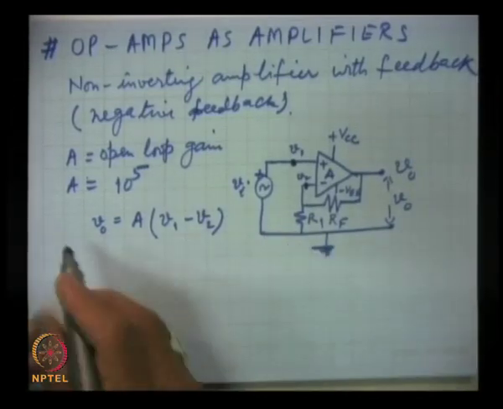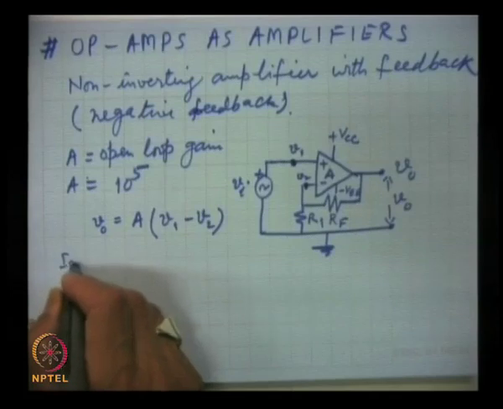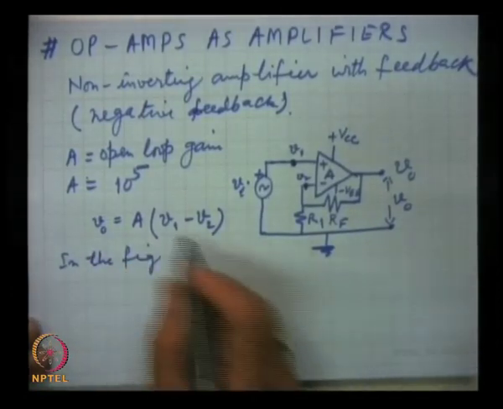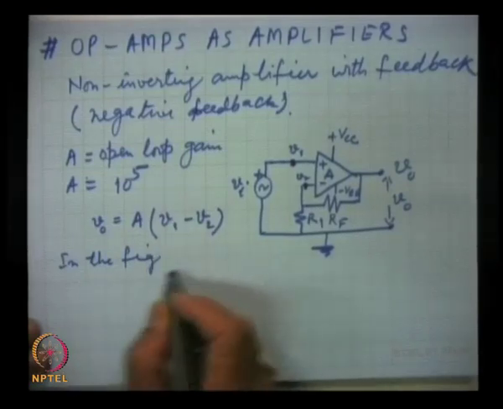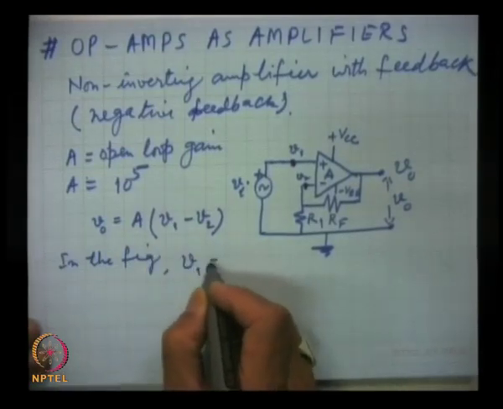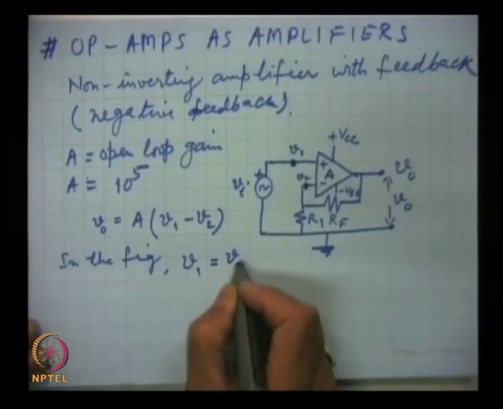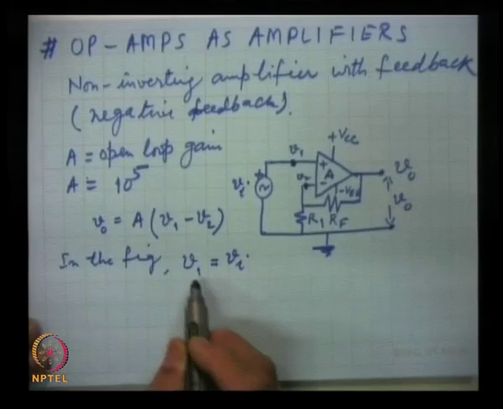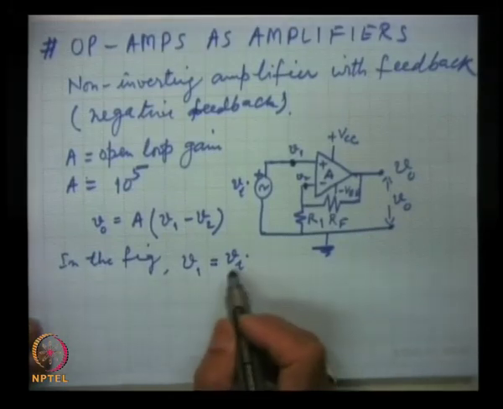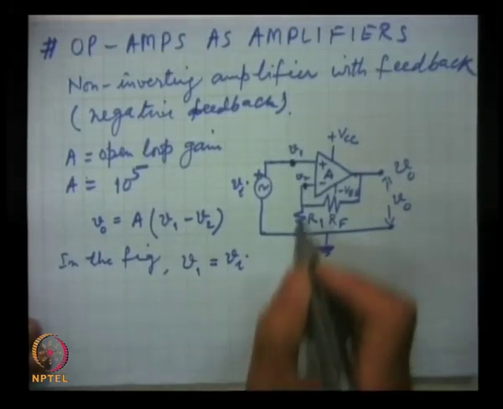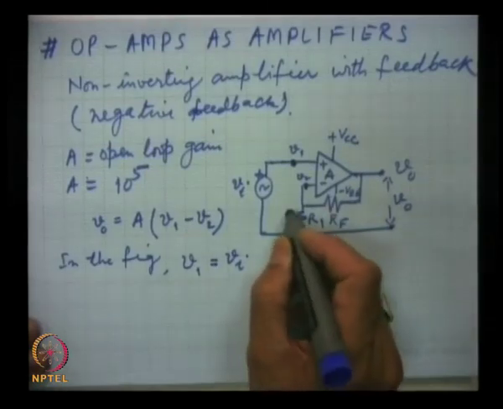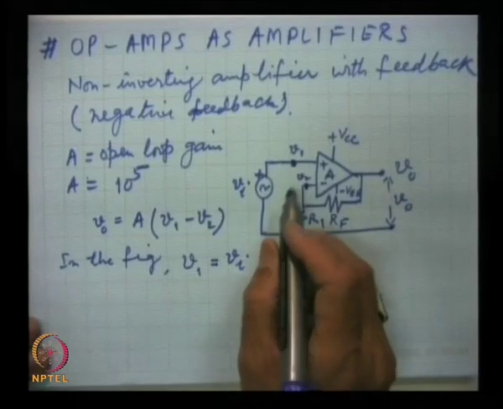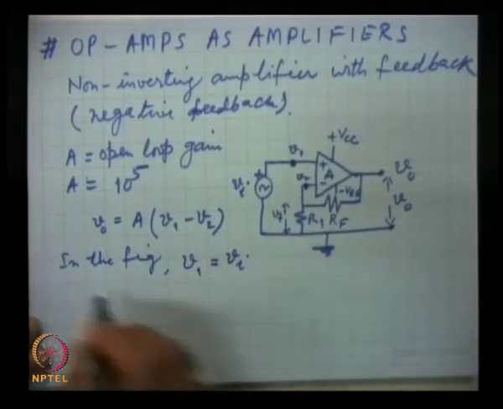In this figure, V1 is equal to Vi, these two are identical, and V2 will be the voltage here, the fed back voltage, which we write as Vf.